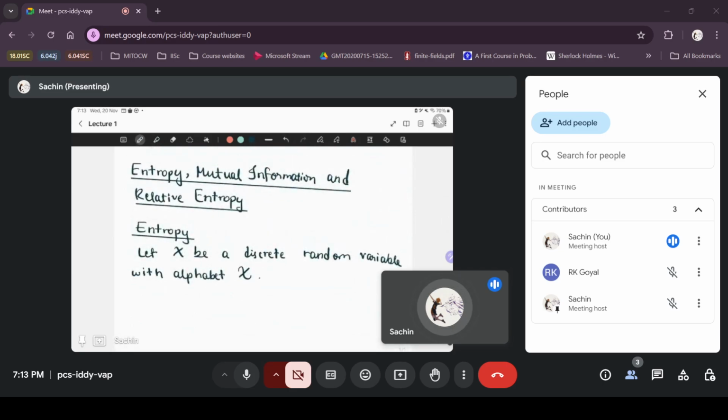So the random variable capital X can take any value within script X depending on the outcome of the experiment.